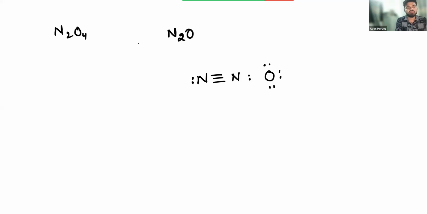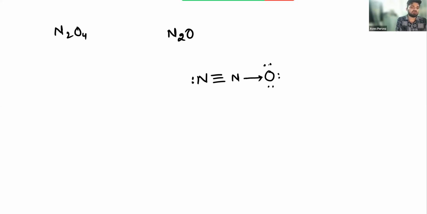But what will it do? It will use these 2 electrons to make the coordinate bond. Because if it starts sharing like this, there are 1, 2, 3, 4, 5 bonds, and nitrogen cannot make 5 bonds. It can make a maximum of 3 bonds, and here the 4th bond will be formed by using these 2 electrons, which are only of nitrogen.